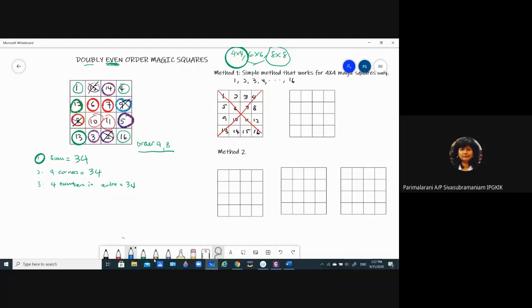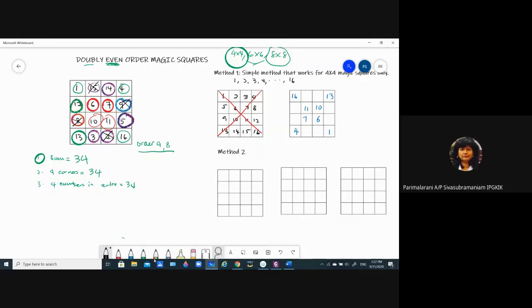That means we're going to exchange 1 and 16, so this is 16, this is 1. Then we exchange 6 and 11, so this is 11 and this is 6. On this diagonal, we exchange 13 and 4: 4 goes here, 13 goes here. Then we exchange 7 and 10. So far, okay?